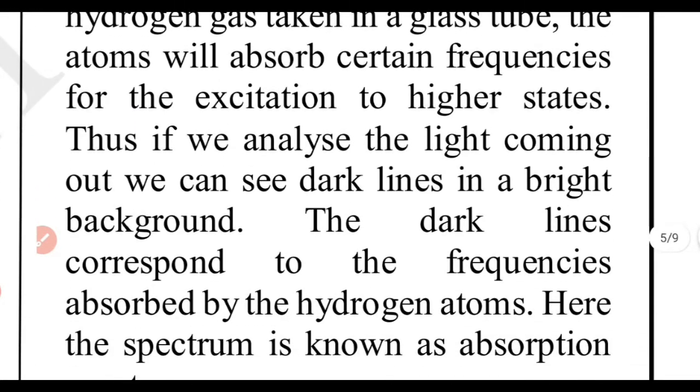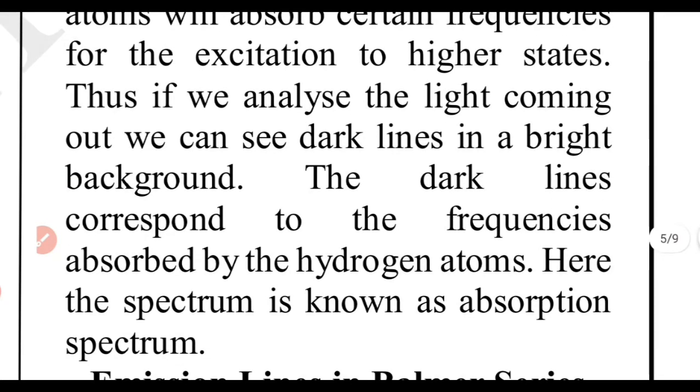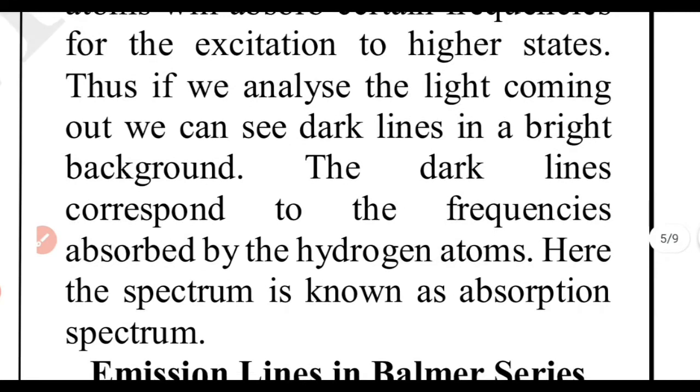These dark lines correspond to the frequencies absorbed by the hydrogen atom. That means hydrogen atoms absorb some energy to go to excited states. So the dark lines in the absorption spectrum correspond to those energies absorbed by the hydrogen atom. This spectrum we call the absorption spectrum.